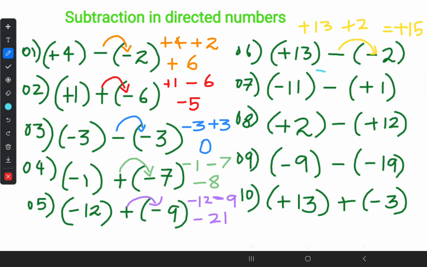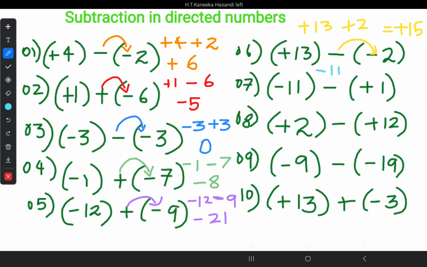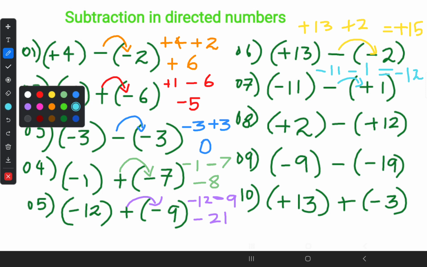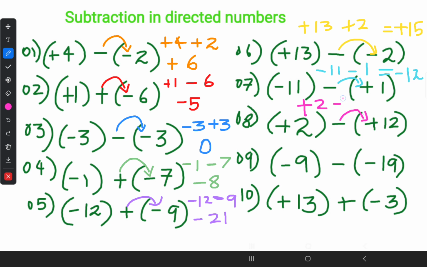Next, negative 11. Negative into positive would be negative 1. In subtraction, multiplication also plays a key role here. Negative 11 minus 1 would be negative 12. And then positive 2, here it's negative 12.